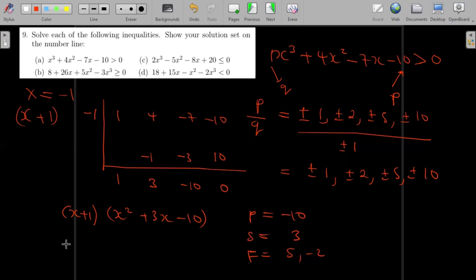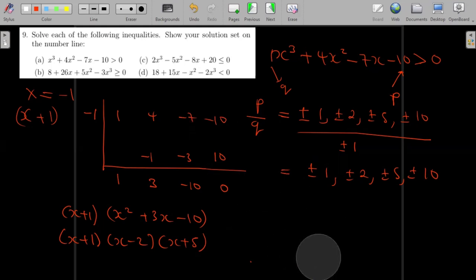So I can factor this out by grouping, and I just get x plus 1, the first one here, and the other ones are x minus 2 and x plus 5. So I factored it completely.